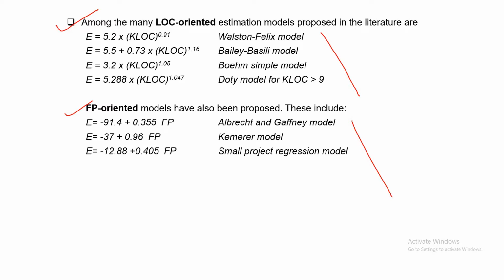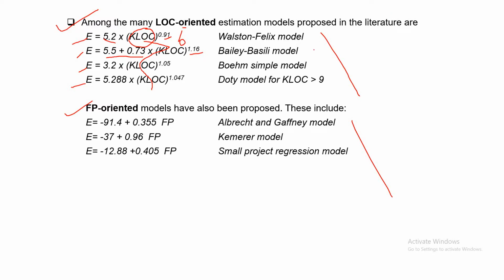From these formulas it is clearly seen that for your KLOC, say 5, if you substitute the value of 5 in all the formulas, you are going to get 4 different estimation values, because this is 5.2 multiplied by something and 0.91, 5.5 into 0.73 and here 1.16. So even if you substitute the same value, you are going to get 4 different estimation values.